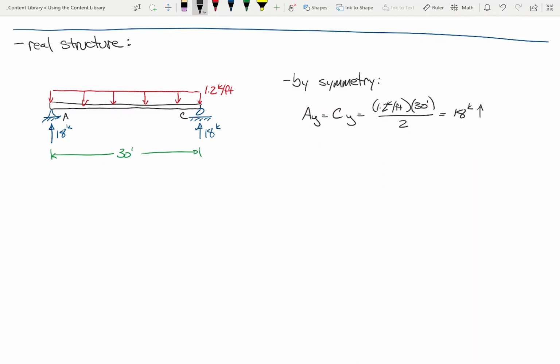I mean, we do have this point B that is 10 foot away, but it doesn't really matter, okay? Sound good?